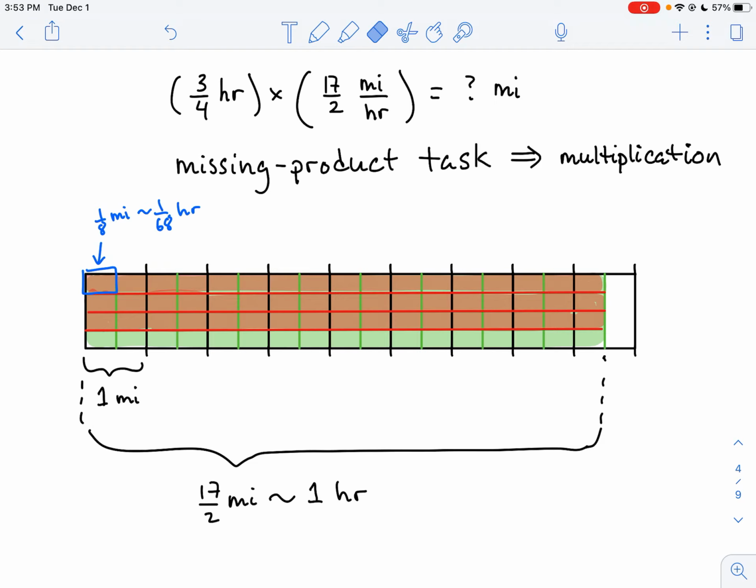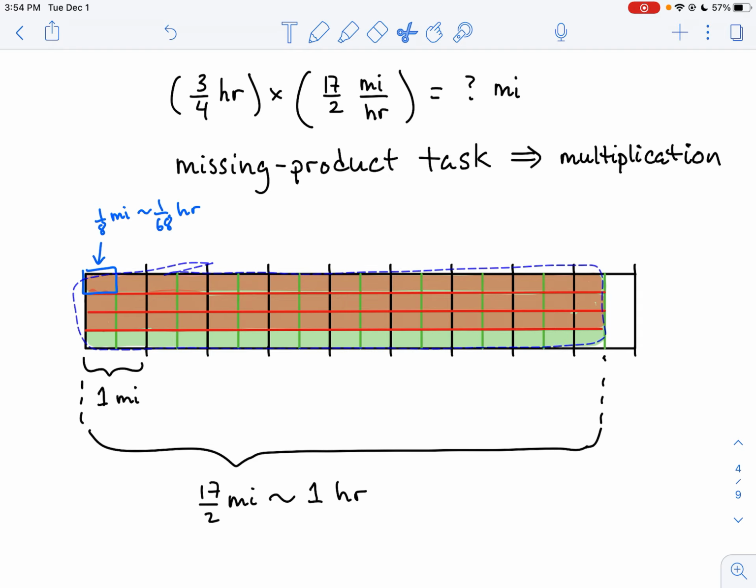Did I do that right? Let's make sure. All right, I'm just double checking. This entire box right here is 1 hour. And that has been broken up into how many pieces?